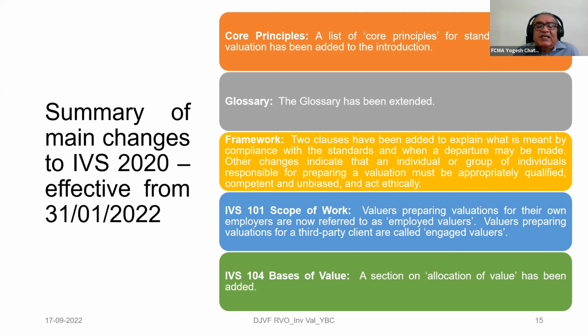This IVS 101 is a general standard relating to scope of work. Scope of work, I always say, is the heart of any valuation assignment. So that has to be decided, and that scope of work is amended.